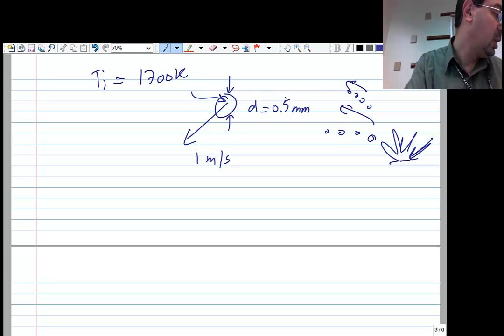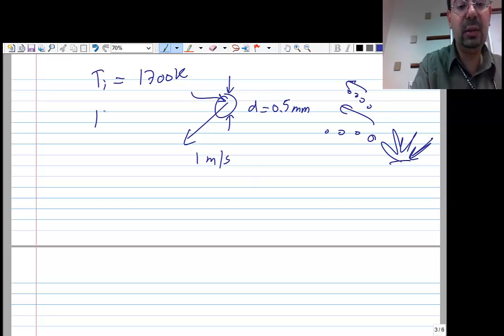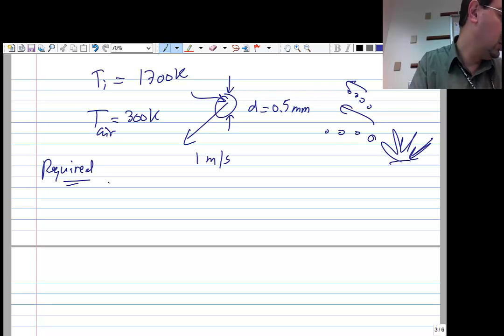So the diameter is 0.5 millimeter, right? And he said the air temperature, let's call it T air, is 300 Kelvin, and we are asked to find the initial rate of cooling, dT by dt.